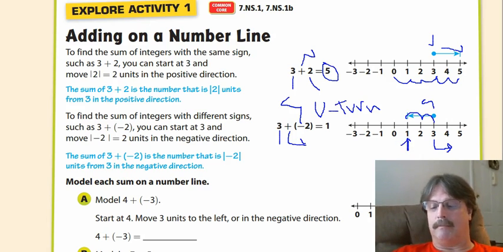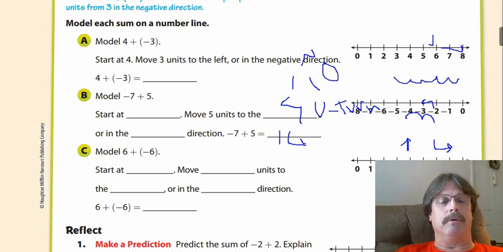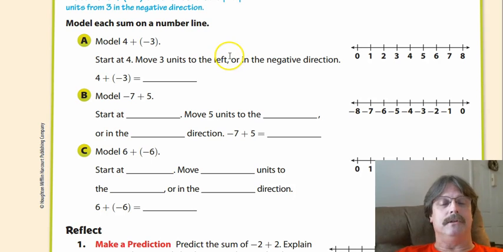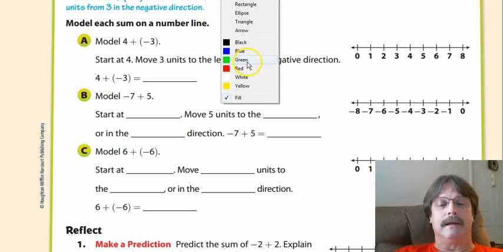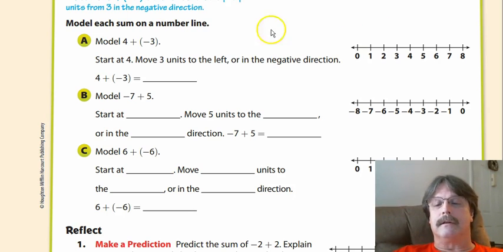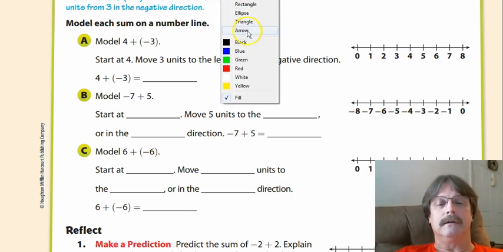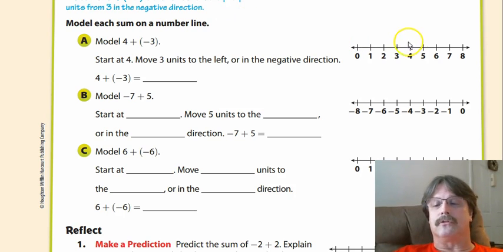We have another problem here: 4 plus negative 3. Okay, so we do the same thing. We start at 4. I'll draw a circle here. We're going to start at 4, and it says go in the positive direction, so we go this way.